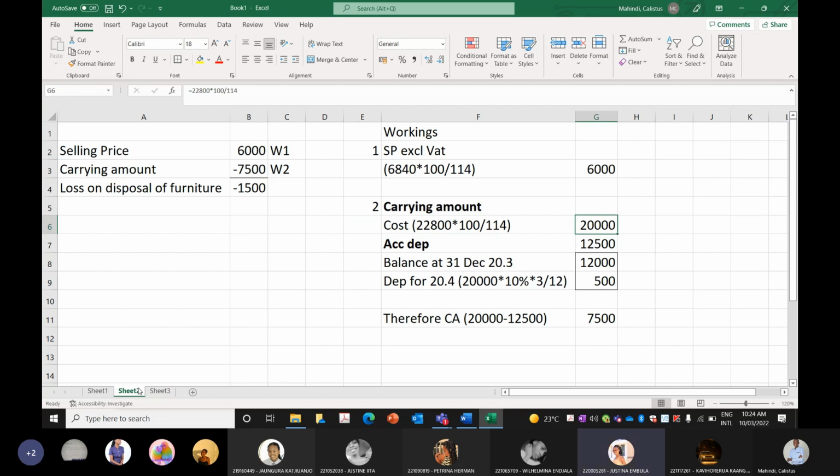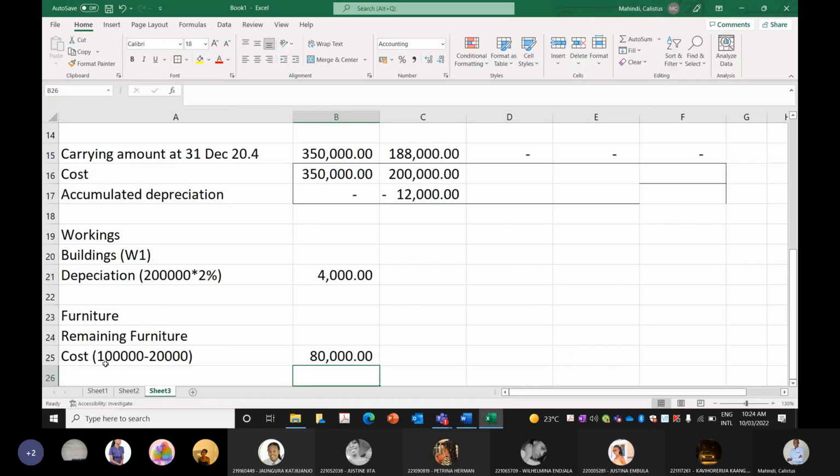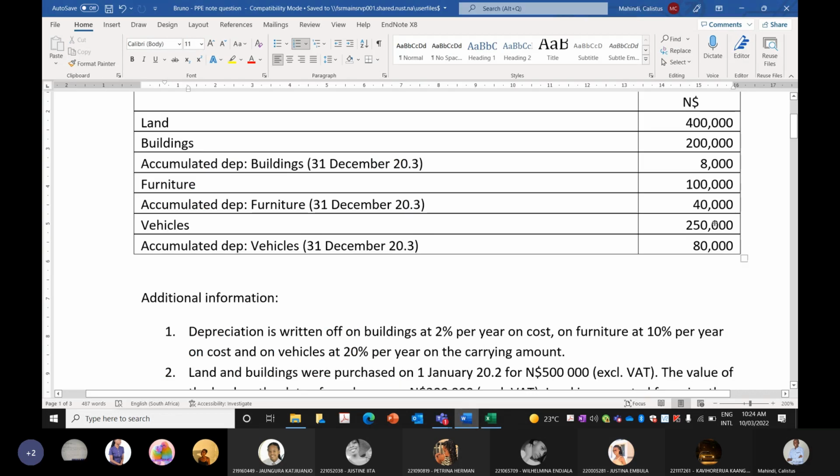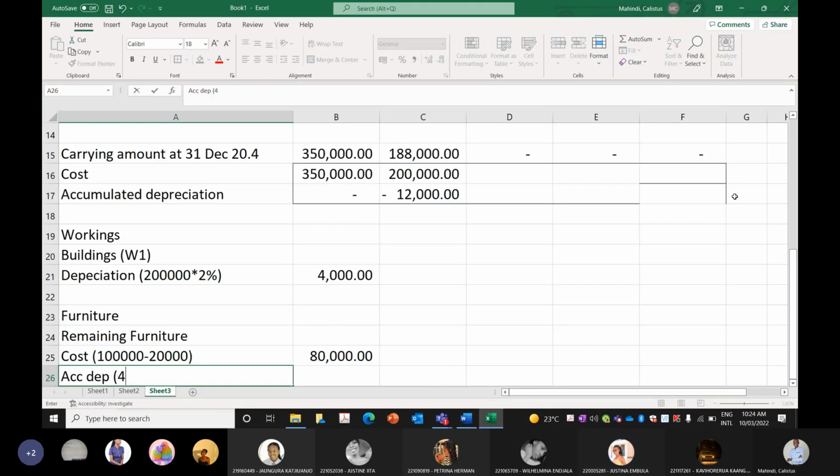And then let us look at the accumulated depreciation. These are just the opening balances that we dealt with. We were given the total amount in the beginning, 40,000, minus accumulated depreciation on the disposed furniture, 12,000.